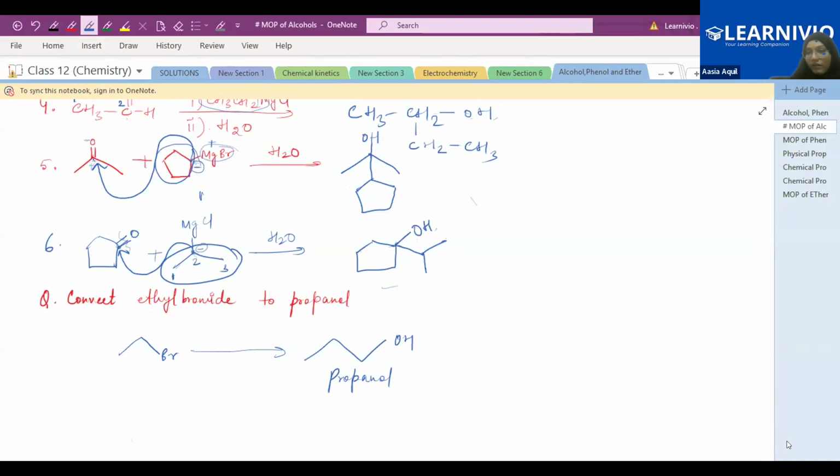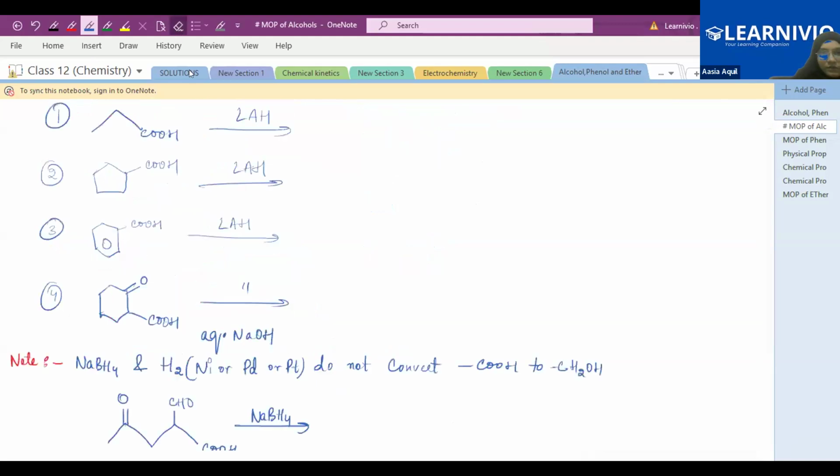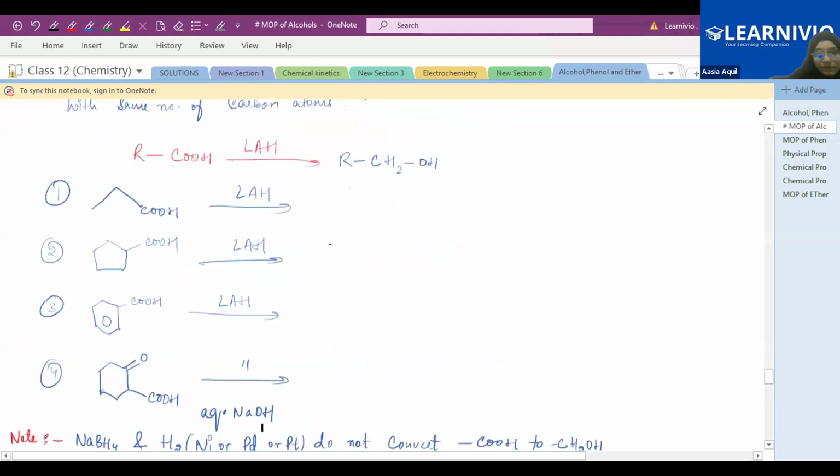How can you do it? Either by the nucleophilic substitution reaction. You can do the nucleophilic substitution reaction, right? SN2 mechanism. So if we treat it with aqueous sodium hydroxide, what happens over here? Just a second.